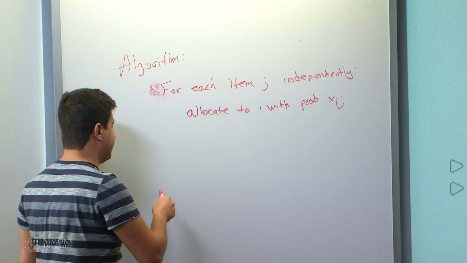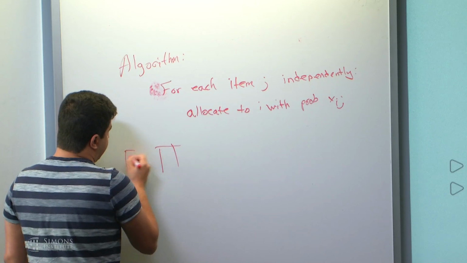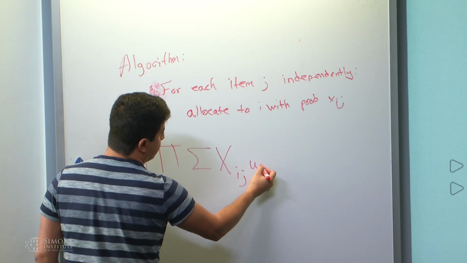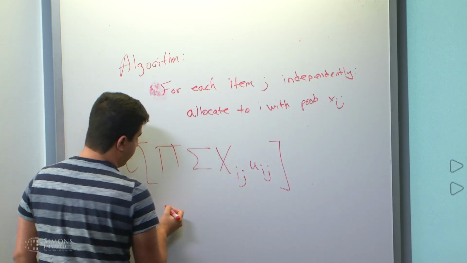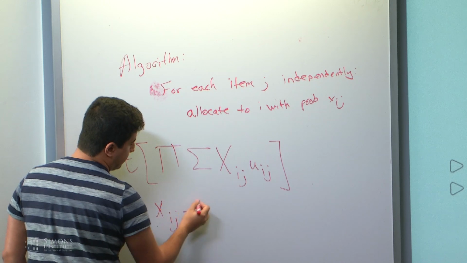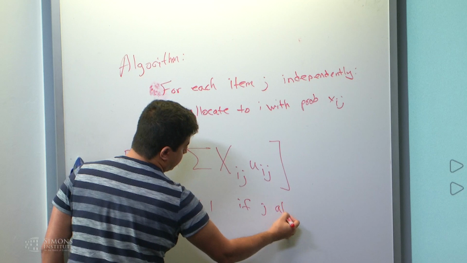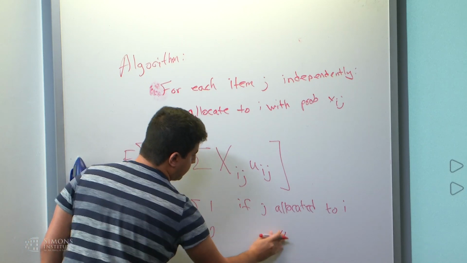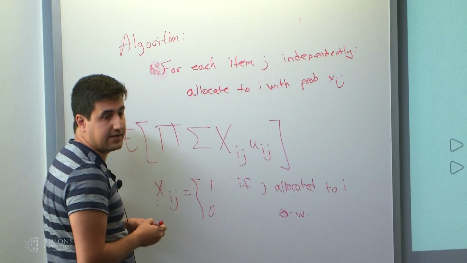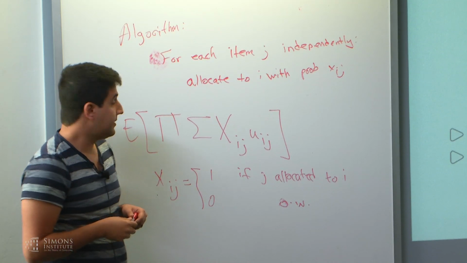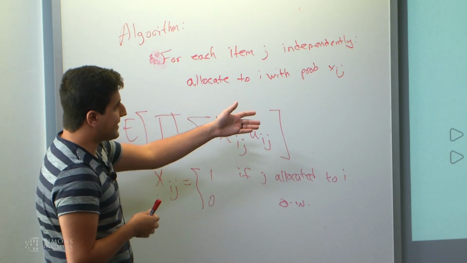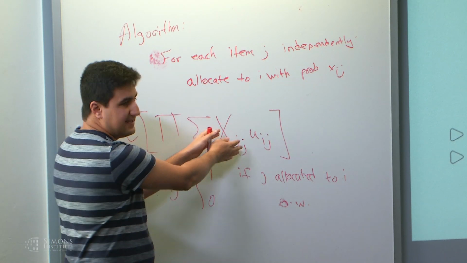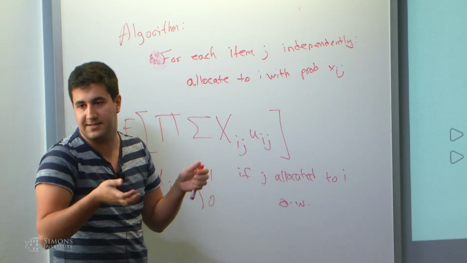It would be something like the product of the sum of Xij Uij, where Xij is basically the indicator variable of whether you allocated item j to person i. Okay. So the reason this relaxation is not good is that this expectation is not equal to that. You can't just take the expectations inside and replace Xij's by their expectation, which is xij.